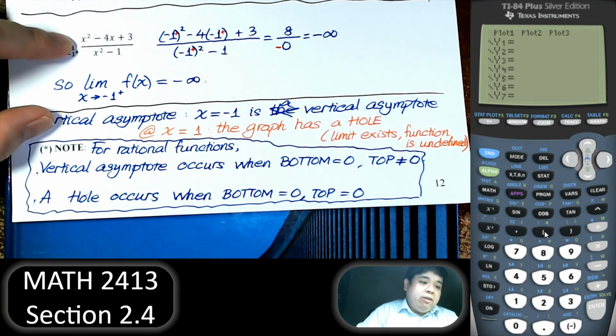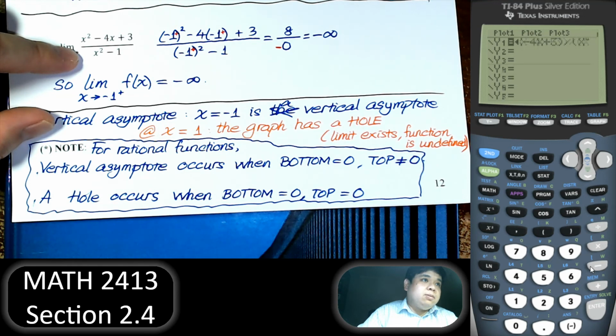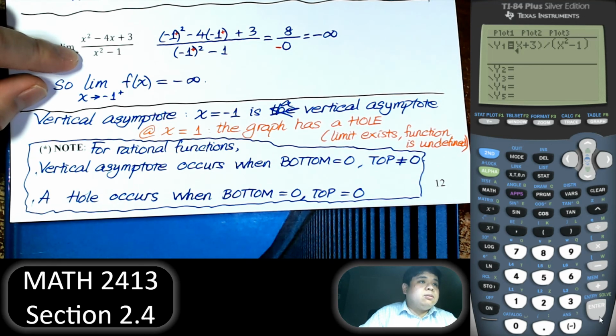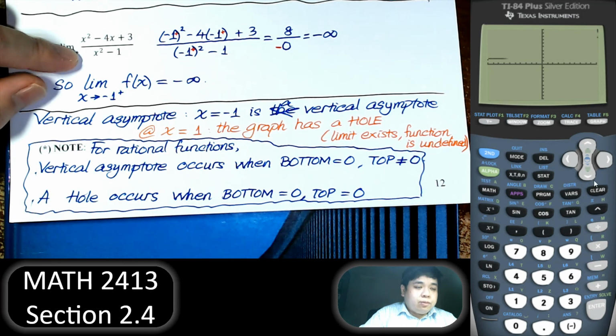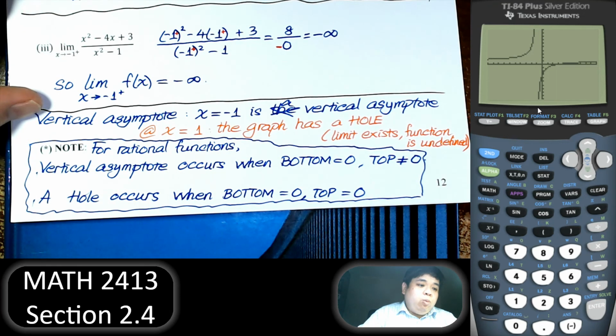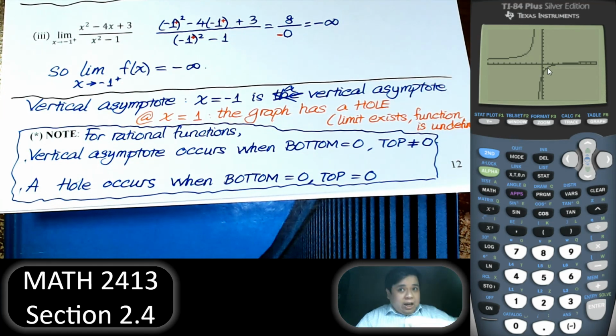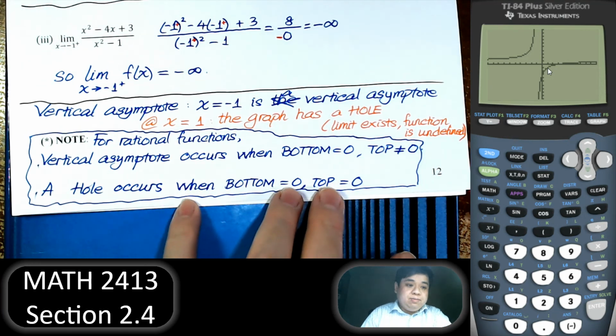So on the top we have x squared minus 4x plus 3. The bottom we have x squared minus 1. So that's what we have. Right, the vertical asymptote at x equal to -1 here. And at x equal to 1, the calculator did not show the hole on the graph, but we know that there is one.